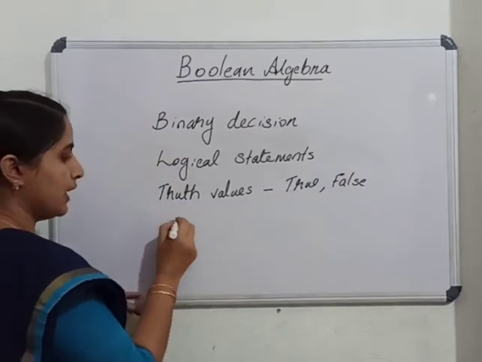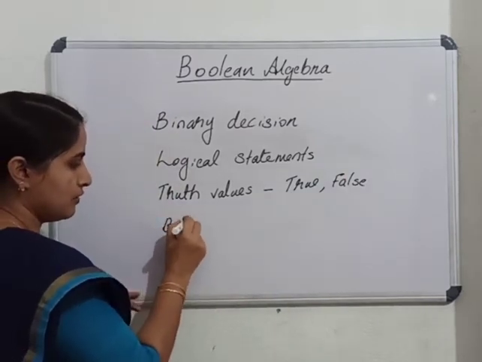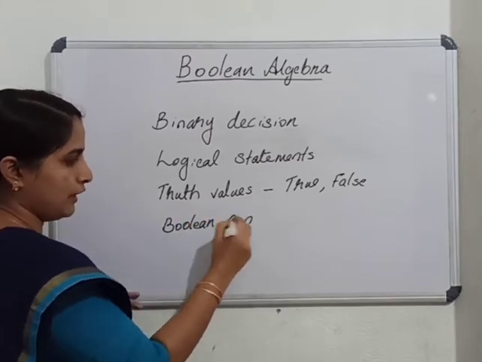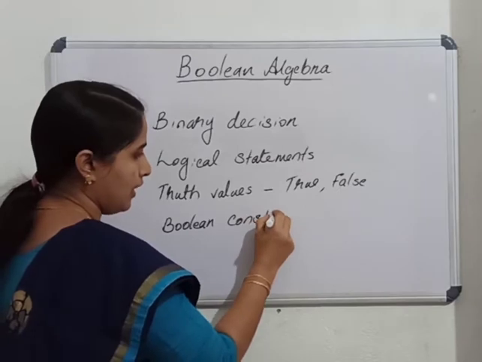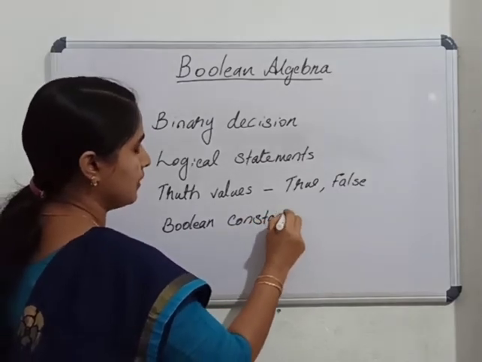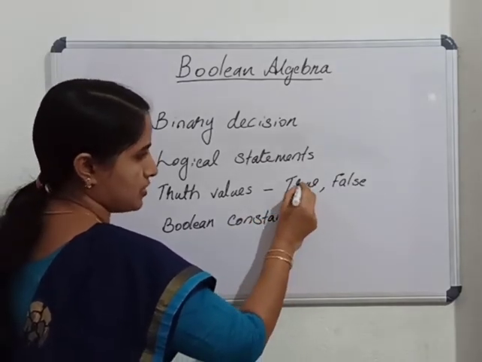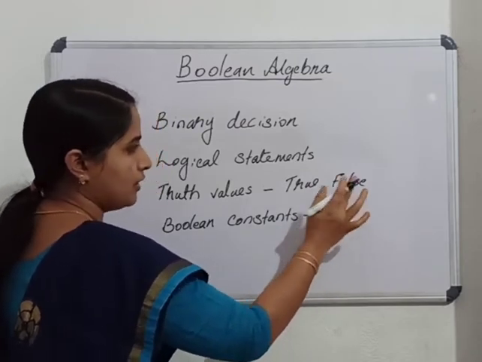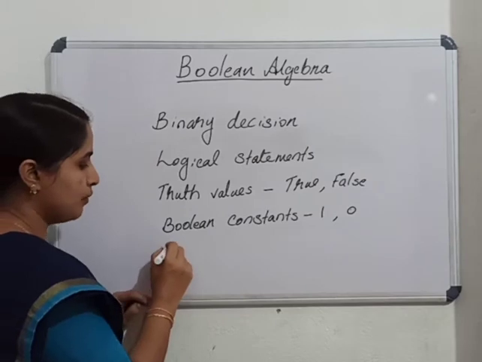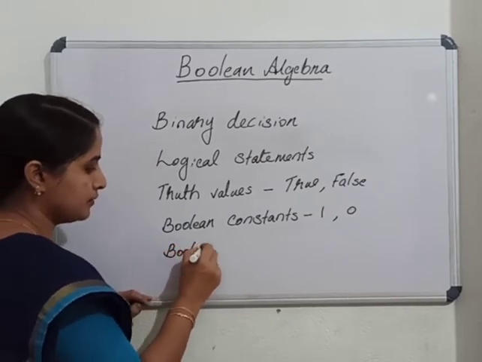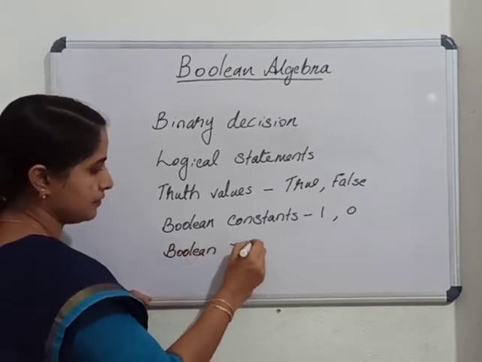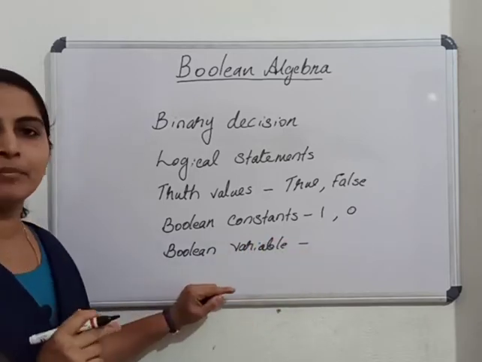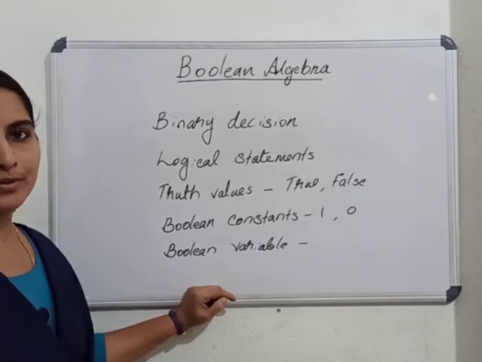And next is Boolean constants. So what are the Boolean constants? These truth values are depicted by Boolean constants. So 1 indicates true and 0 indicates false. Next is Boolean variables. A Boolean variable means a variable which holds the truth values.